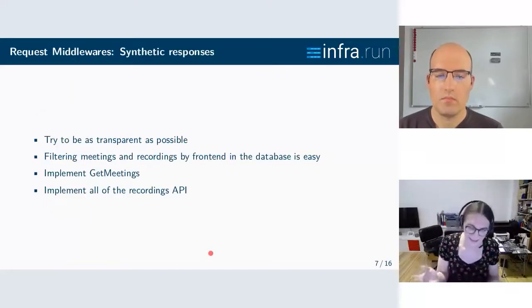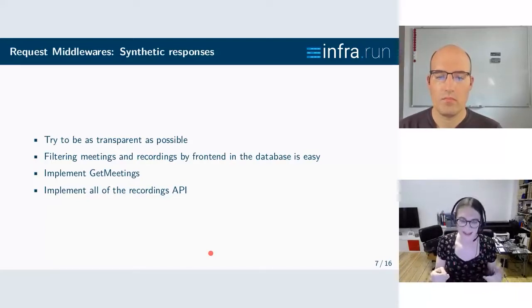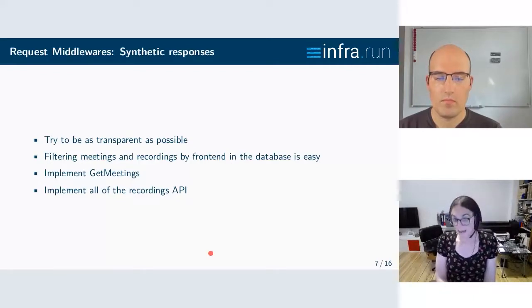What are these synthetic responses? So, with the technique of basically passing as much to the backends as possible is very good for being transparent as possible. However, filtering meetings, for example the get meetings endpoint or recordings and so on, is very easy on the database level.